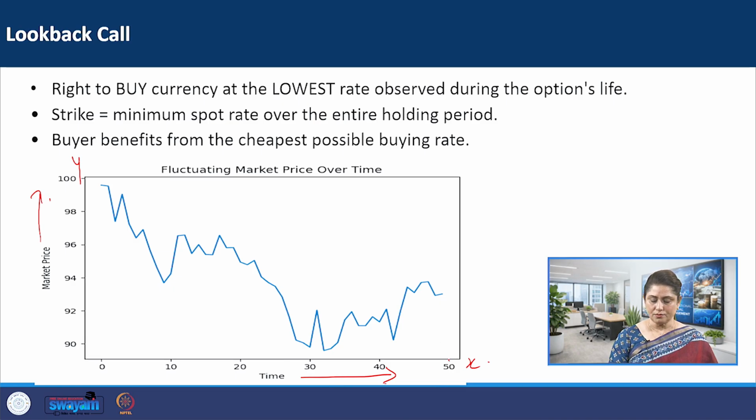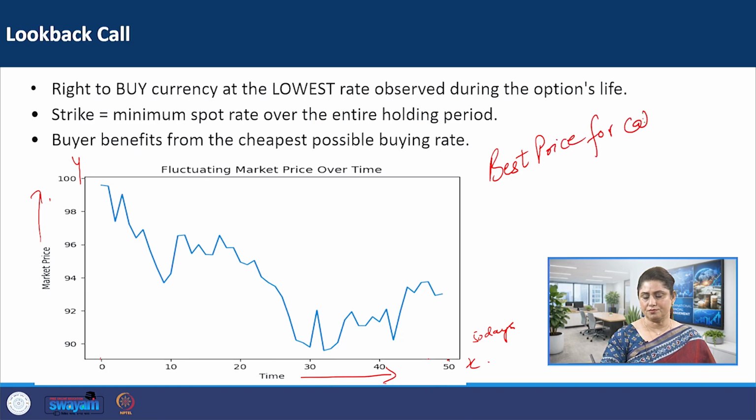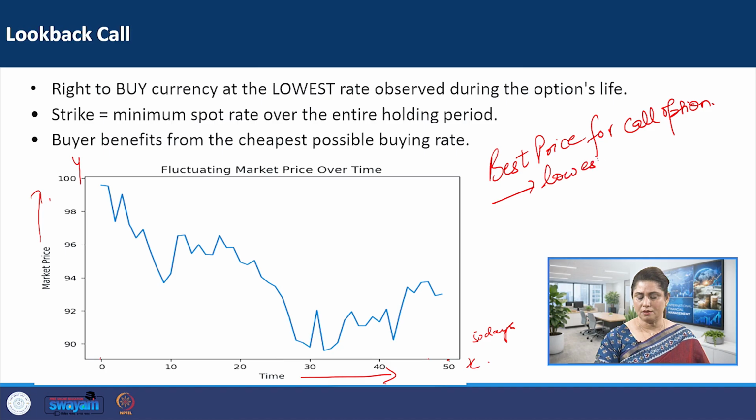Over this time period from 0 to 50, we have to see the best price for call option, and this is going to be the lowest price over the entire holding period.